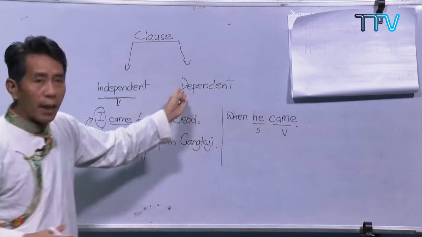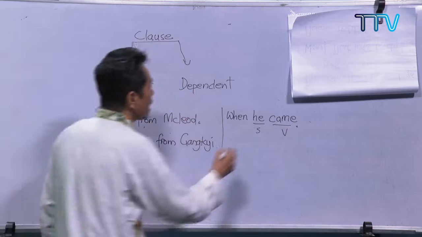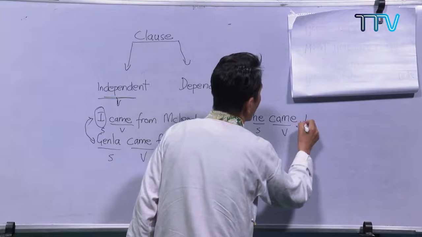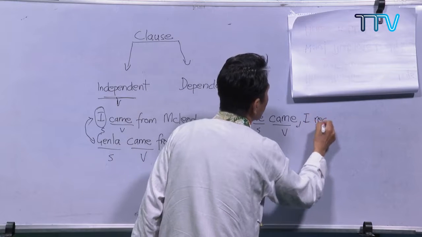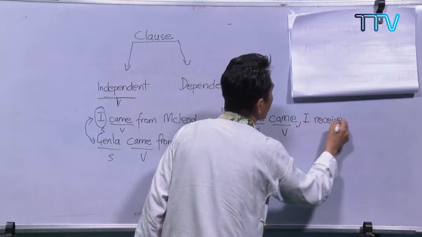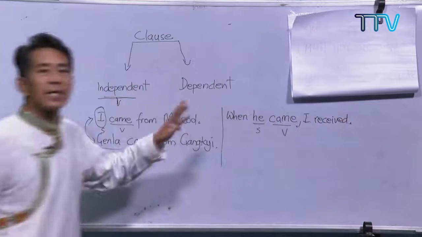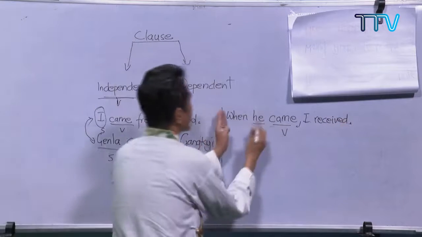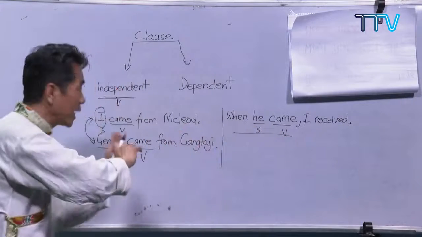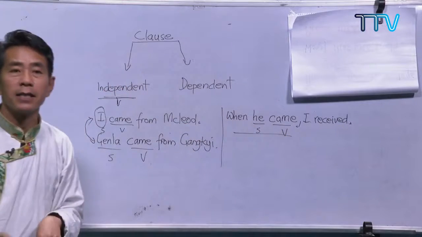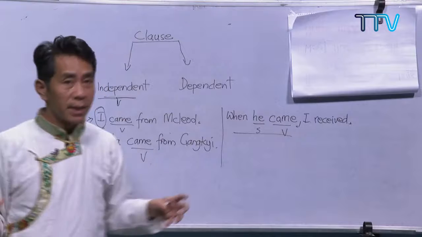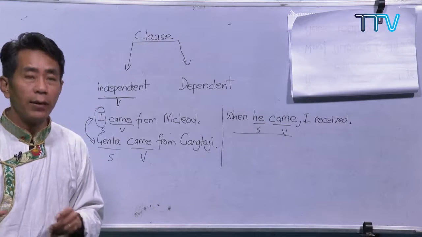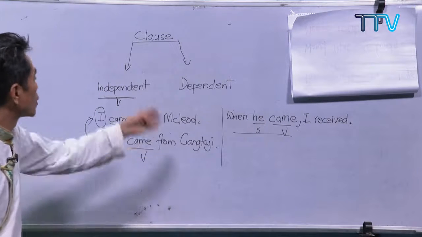That's why it is called dependent. When he came, I received. Now it makes a complete sense. So this clause has to depend on another sentence in order to make a complete sentence. You got it? So this is dependent.